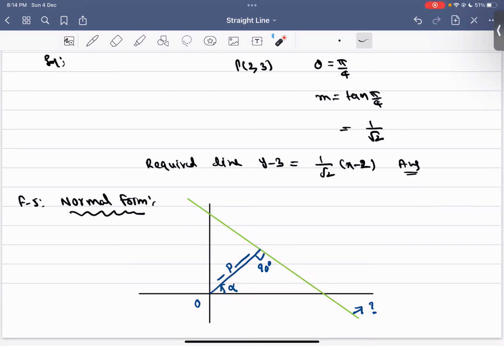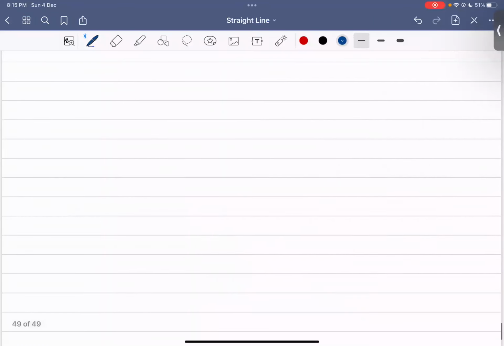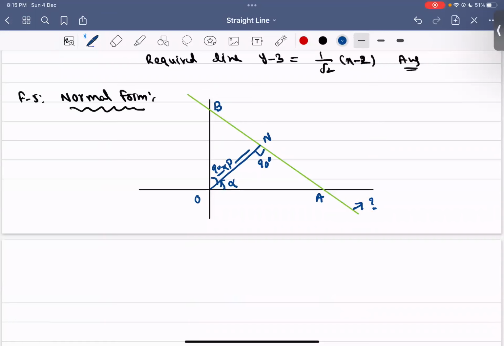So to find that line, if this angle is alpha, the remaining angle is 90 minus alpha. Suppose this is A, this one is B, and the foot of the perpendicular is N. In the above diagram, two right angle triangles are there.